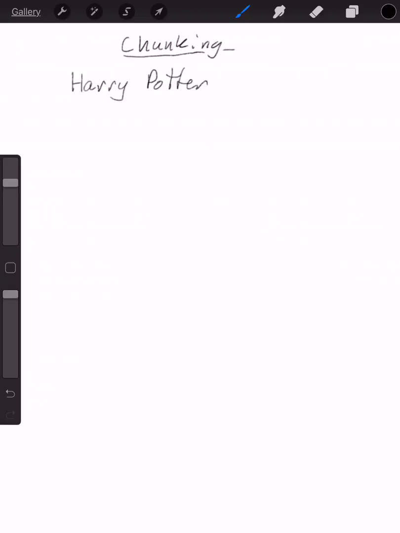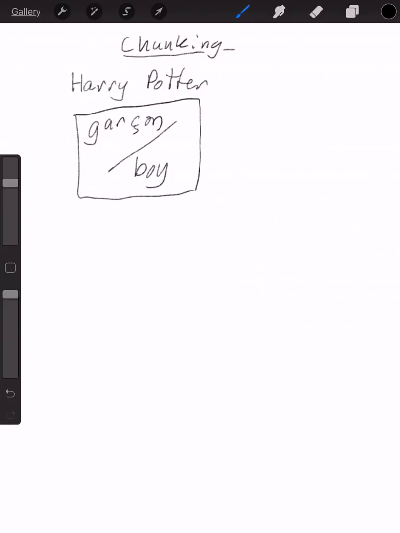And so I did, and for example, one of them was garçon. That's French for boy. And I made these flashcards, probably about 10 to 20. Some of the words were kind of easy to memorize.